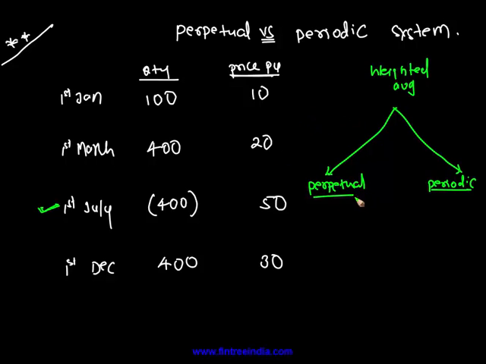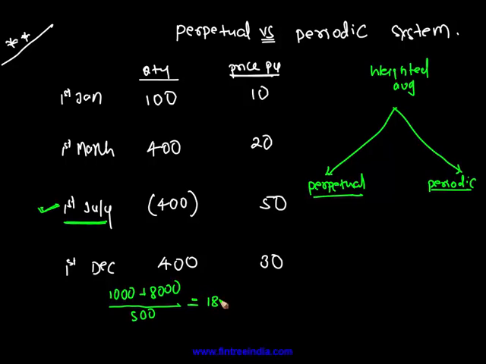What you do with perpetual, since you're booking the entries on 1st of July, the average is to be calculated on this date. So you will say, what is the total amount I have purchased so far? 1,000 plus 8,000. 1,000 here, 8,000 here. Divided by what is the quantity I have purchased? 500.